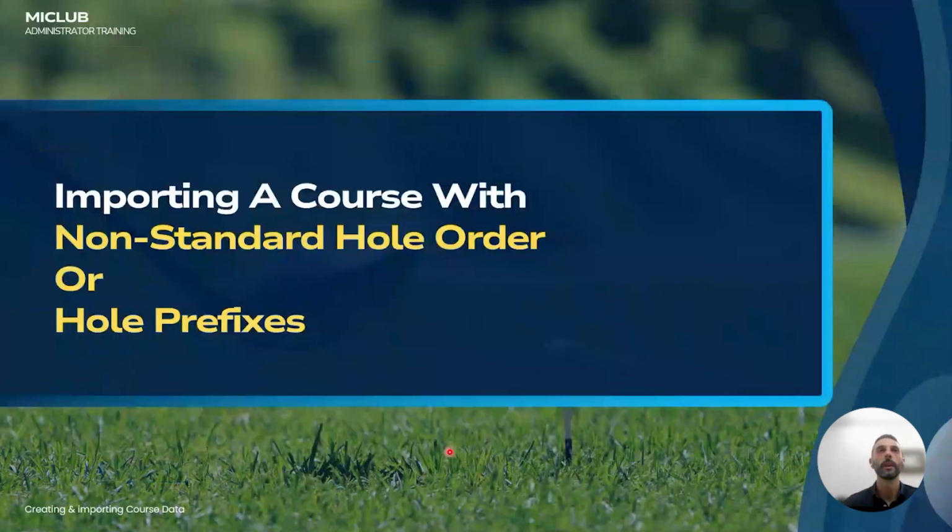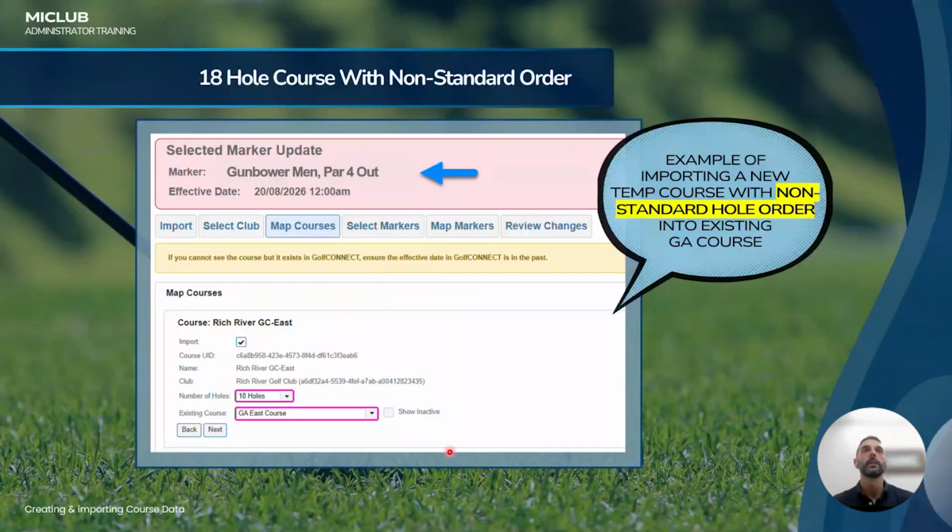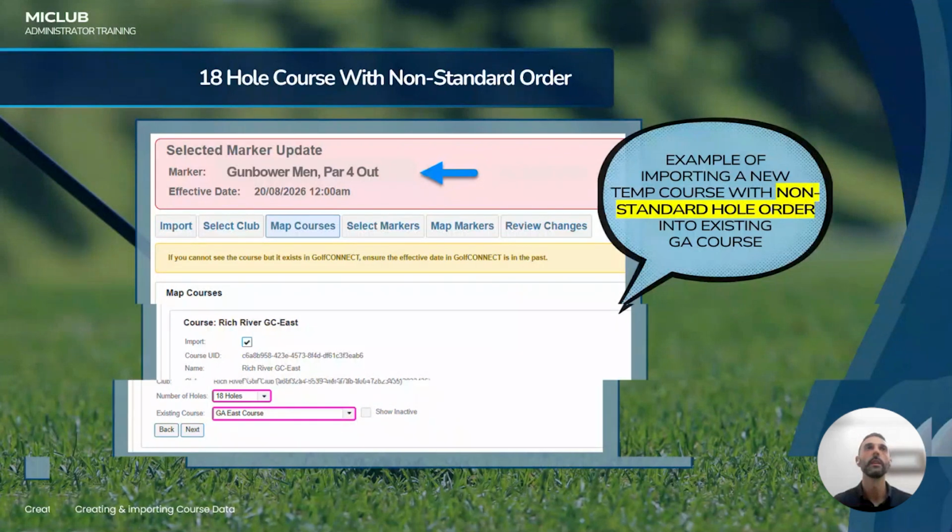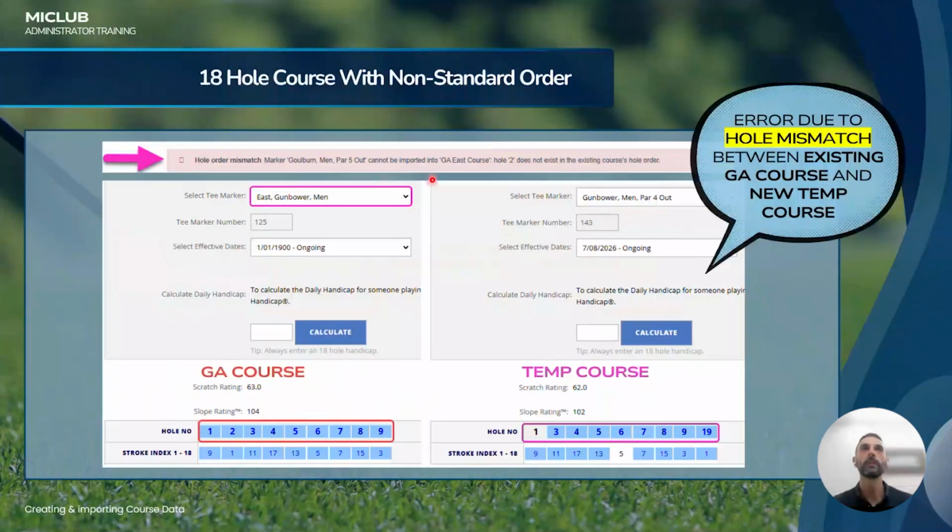Cool. So now we're going to do another example, and this is probably more typical of what you will experience, where you have a non-standard hole order or you have hole prefixes. So we're doing an example of importing a new temp course, which has a non-standard hole order, and we're going to try and import it into a GA course. And what you'll find is you'll get this kind of error, which is called hole order mismatch.